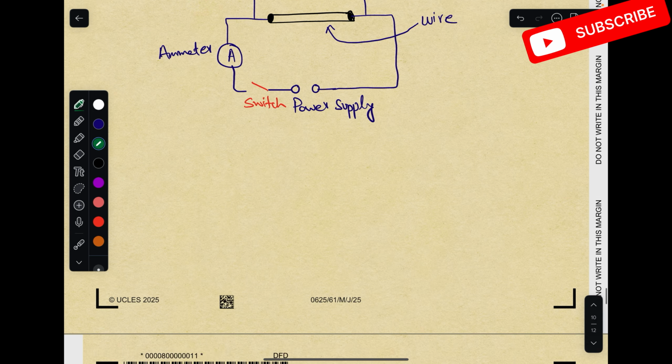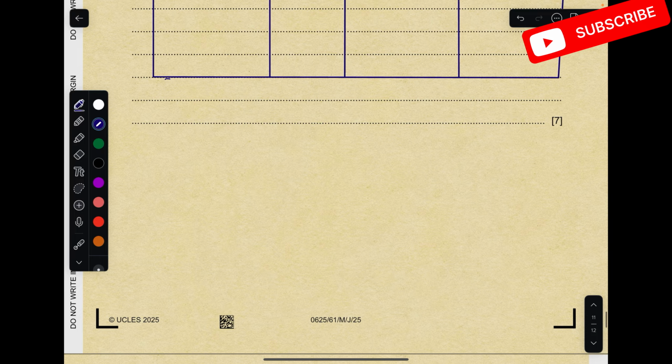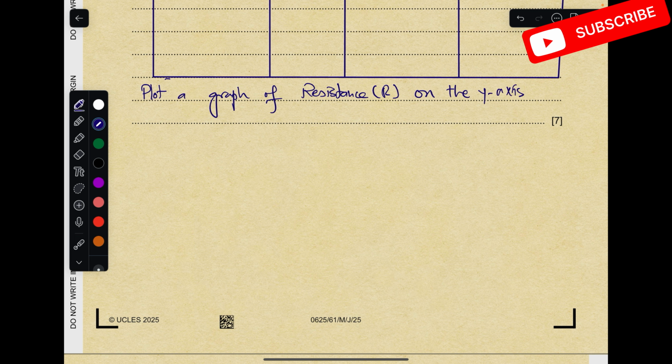So what you can say, this is almost fixed for each and every question: plot a graph of resistance R on the y-axis against diameter d on the x-axis to analyze their relationship.